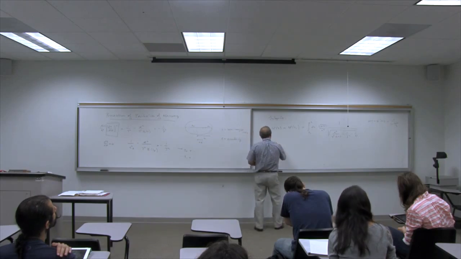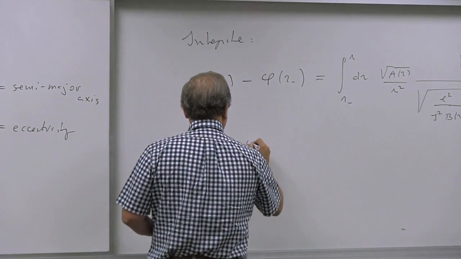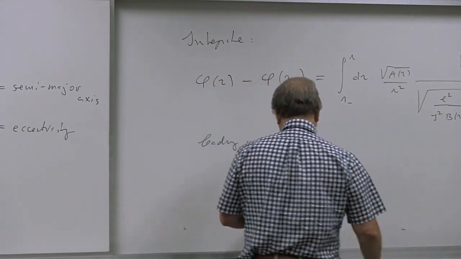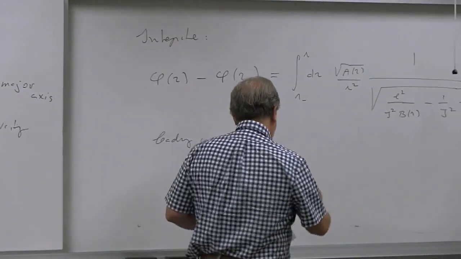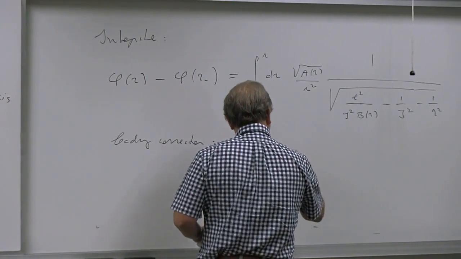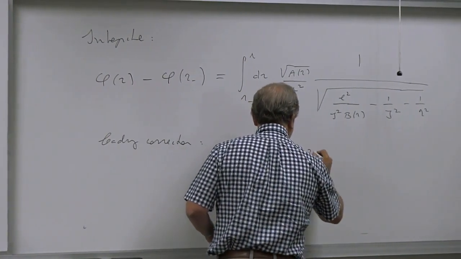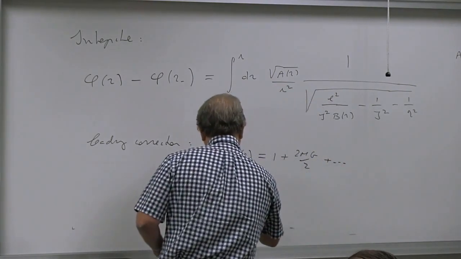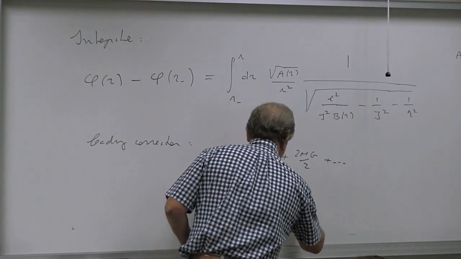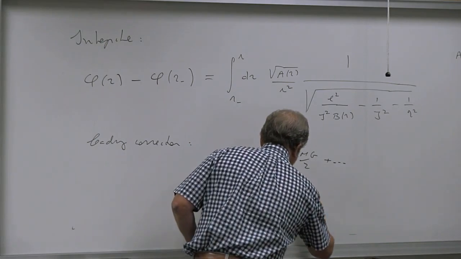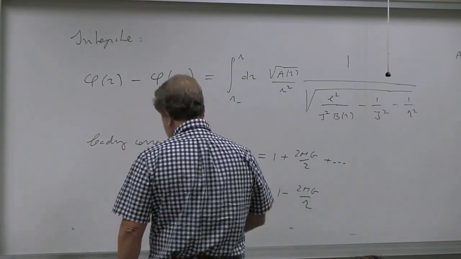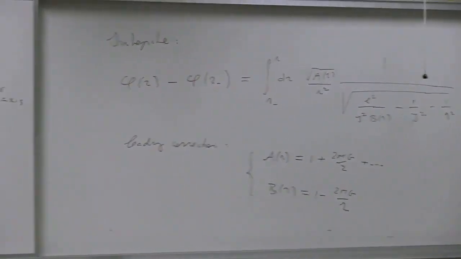So the leading correction is going to use just A of r equal to 1 plus 2 mg over r plus dot dot dot, and B of r equal to 1 minus 2 mg over r. And so we can just put that in there, and then the integration becomes very simple.